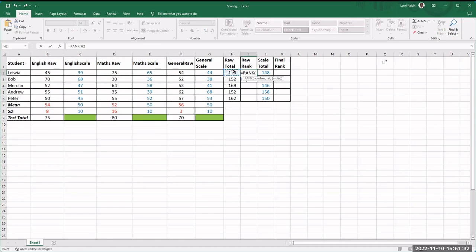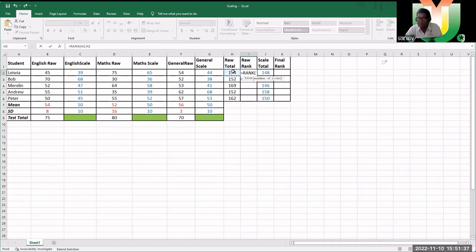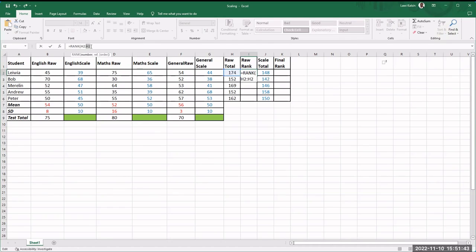And then you have this, what is this? I don't know what the symbol is. After you repeat H2 again, okay?